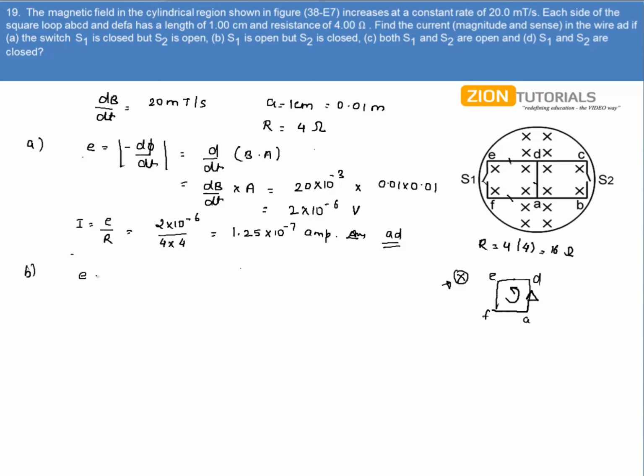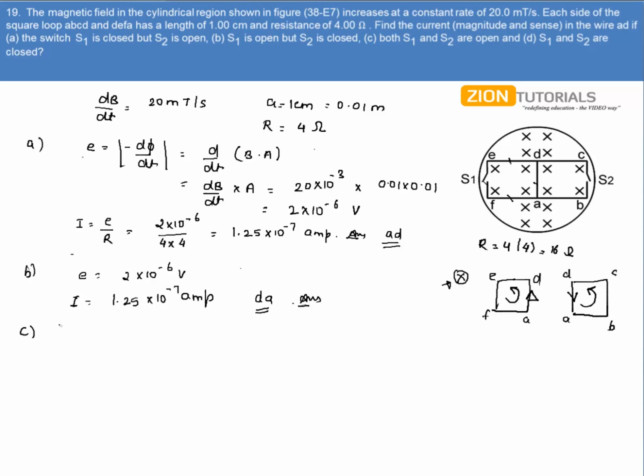So the EMF we get here will be the same as in the first part, that is 2 into 10 to the power minus 6 volt, and the current will be the same, 1.25 into 10 to the power minus 7 ampere, with the only difference in direction, because in this loop the direction will be counterclockwise. I'll make the loop and name it as D, C, A and B. Then the current is counterclockwise, so the current is flowing from D to A. Just the direction is switched and current flows from D to A. That is the answer.